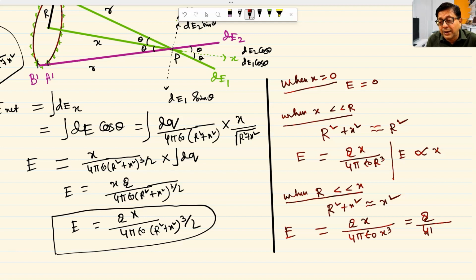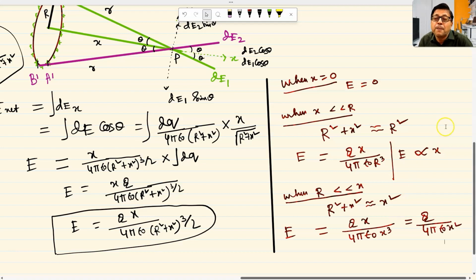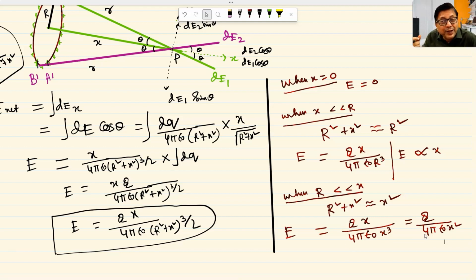So q by 4 pi epsilon 0 x square. You have seen this expression before, no? Where? This expression is the strength of electric field due to a point charge, isn't it? So far away from the ring, it will behave like a point charge. The strength of electric field is given by this, and the graph we can plot accordingly. We have the experience of plotting this graph before.